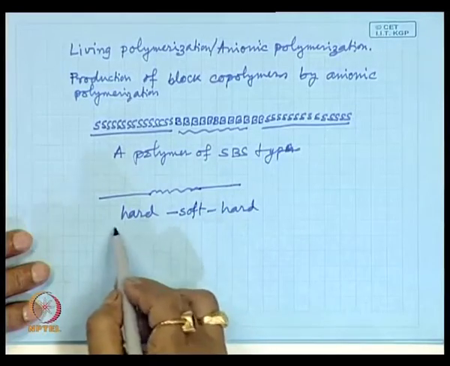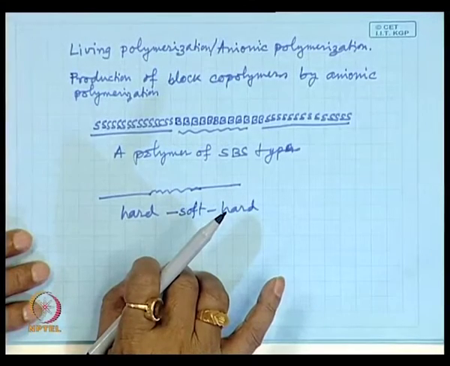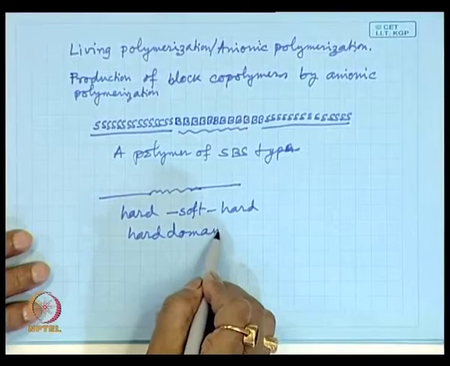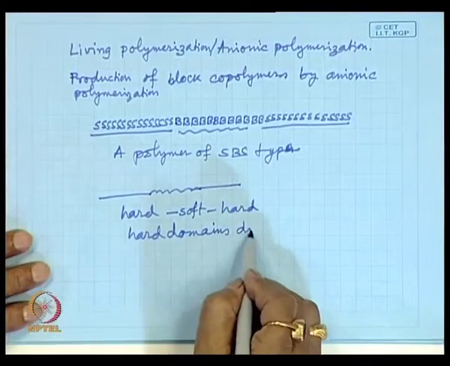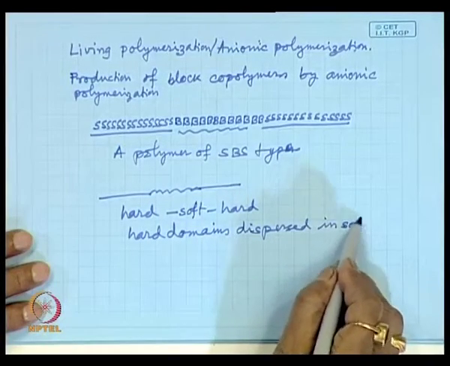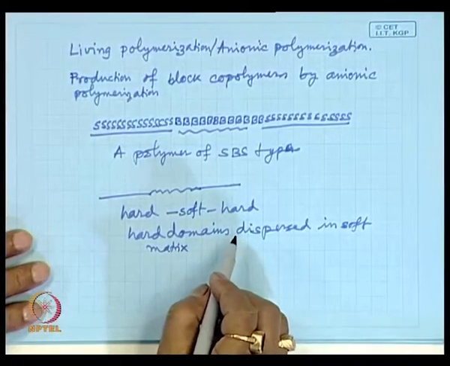What happens? These hard blocks assemble at certain regions known as hard domains. Embedded hard domains are dispersed in a soft matrix, and it behaves like a composite.